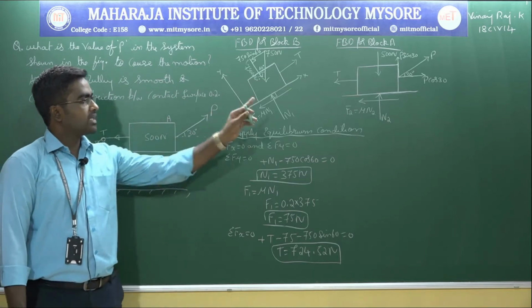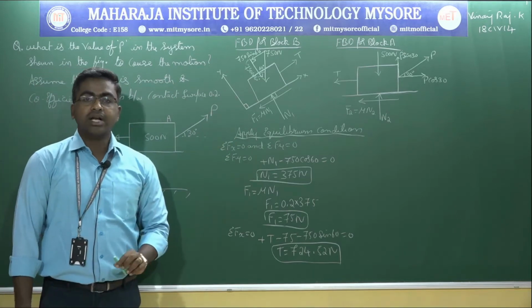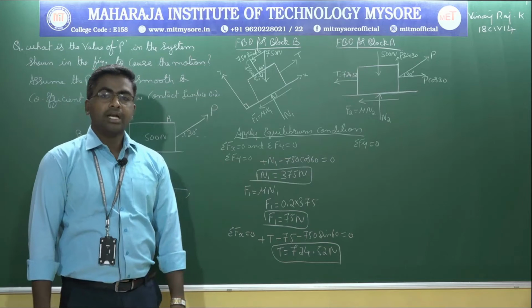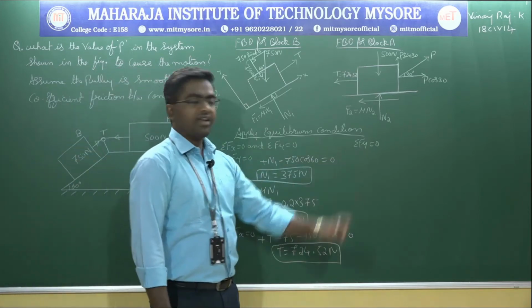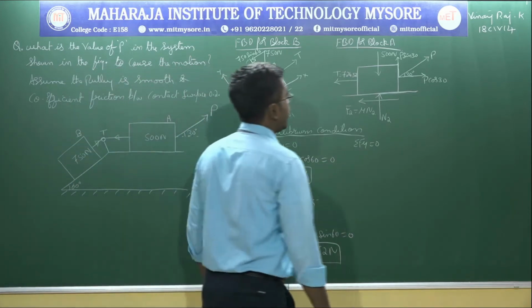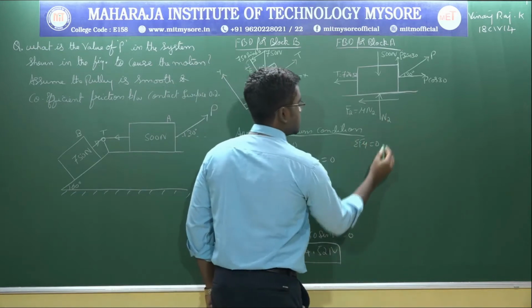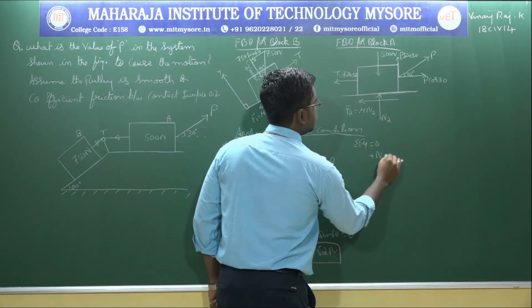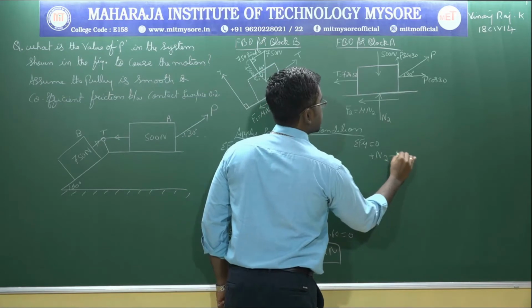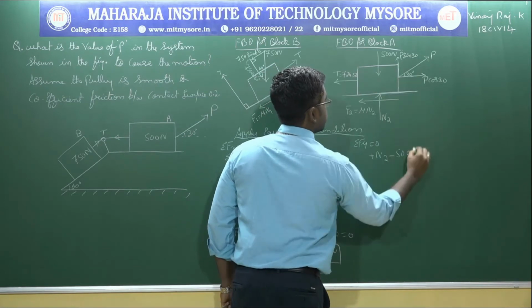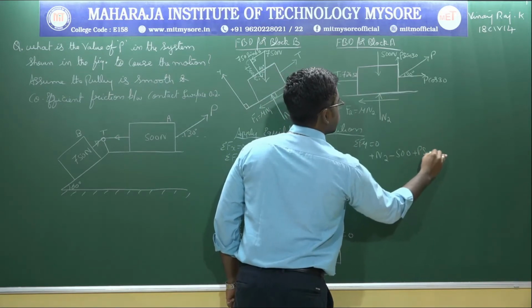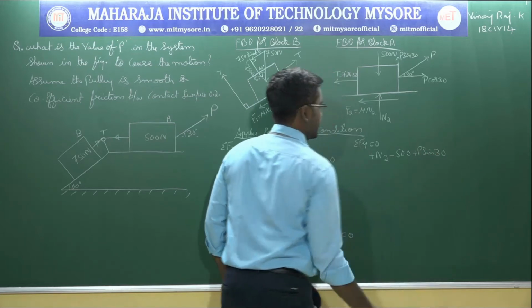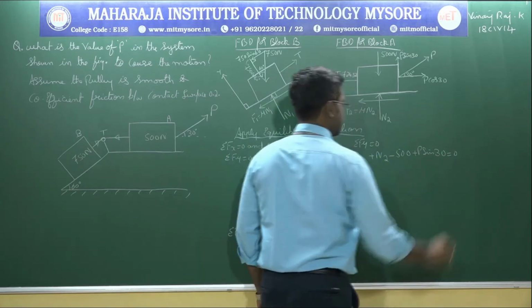So now let us apply the equilibrium condition for the next free body diagram. Let us apply summation of Fy is equal to 0, and here we have plus N2, minus 500, and plus P sin 30 is equal to 0.